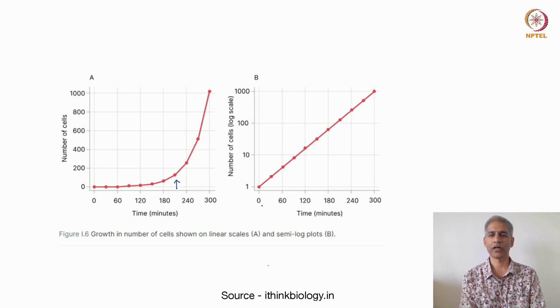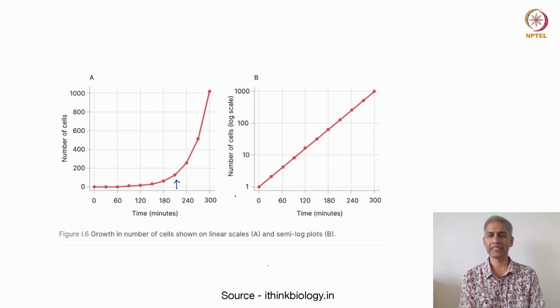So in a semi-log plot, we have on the x-axis a regular linear scale, so time is shown in minutes. And then on the y-axis is the log scale, so that's the multiplicative scale I was talking about earlier. So you're going from 1 to 10 to 100 to 1,000, and that shows the number of cells.